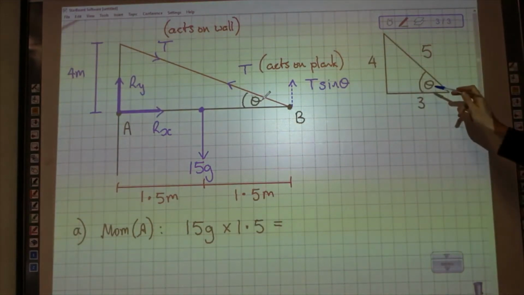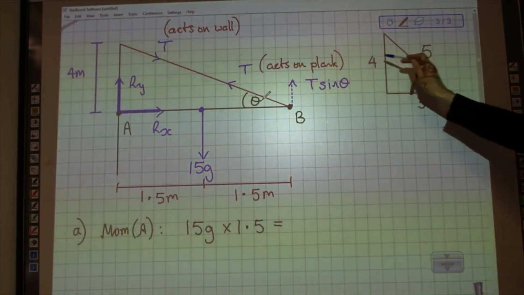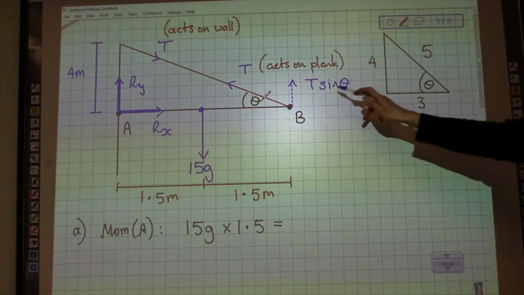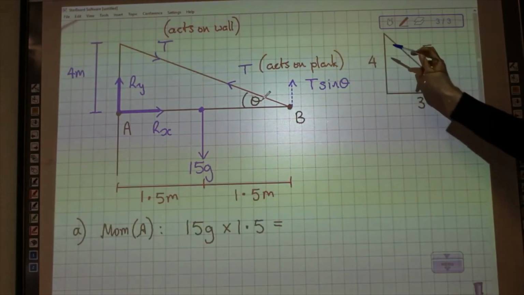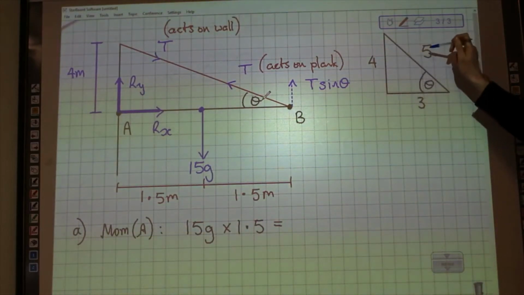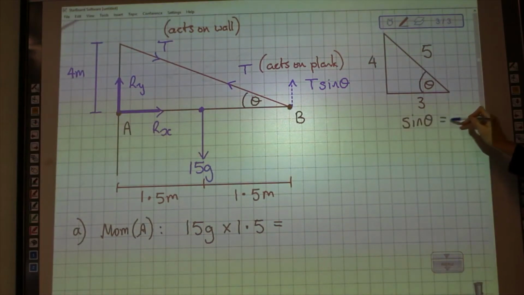I can say, okay, tan theta, opposite over adjacent, but I want to know sine theta here. So sine theta is opposite over hypotenuse, so I can calculate from this triangle that sine theta must be 4/5.